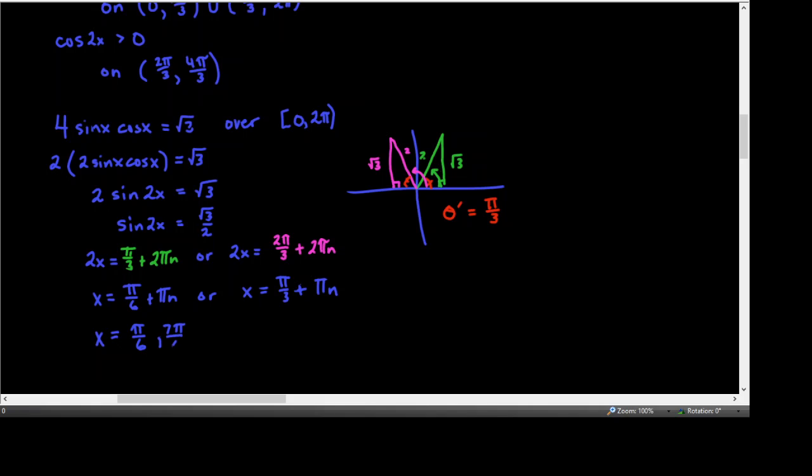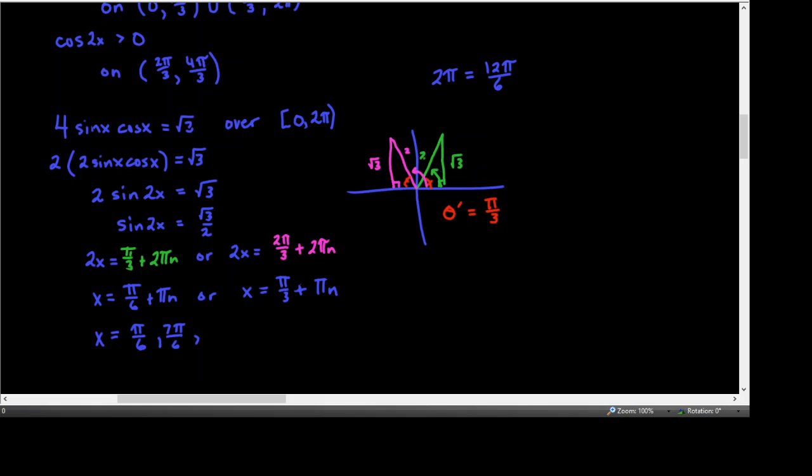In terms of sixths of pi, 2 pi is 12 pi over 6, so I don't want to exceed 12 pi over 6 in this first vein. So if I add pi, which is 6 pi over 6, to that, that's 13 pi over 6, which is too big. So we're actually done with the first set.